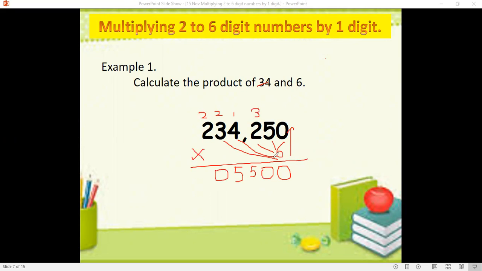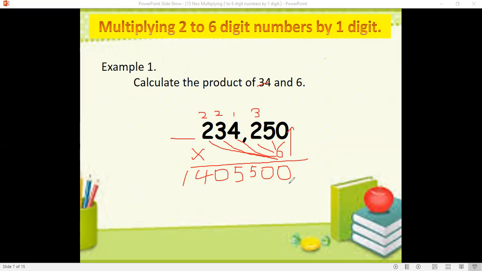Then the last digit that we are going to multiply by 6 is 2. Okay, 6 times 2 is 12 plus 2 is 14. This time we are going to write two digits because there's no number anymore to be multiplied by 6. So the product or the answer of multiplying 234,250 times 6 is, let's put the comma.